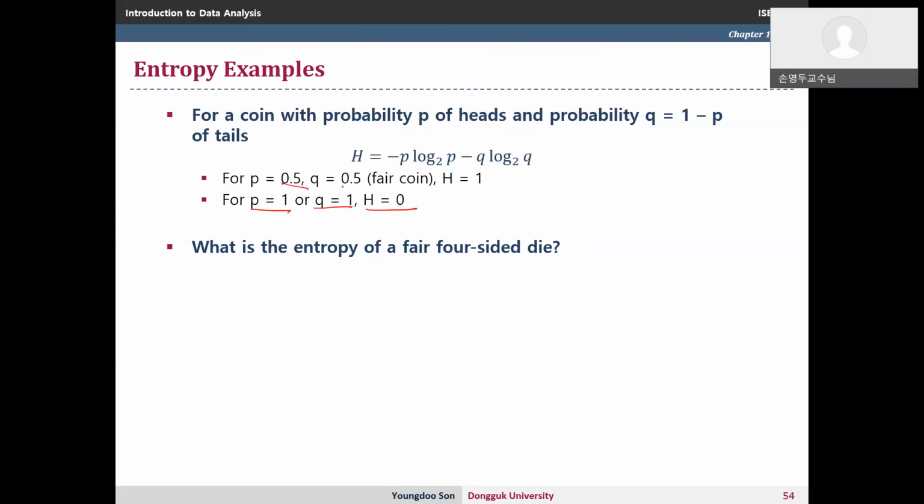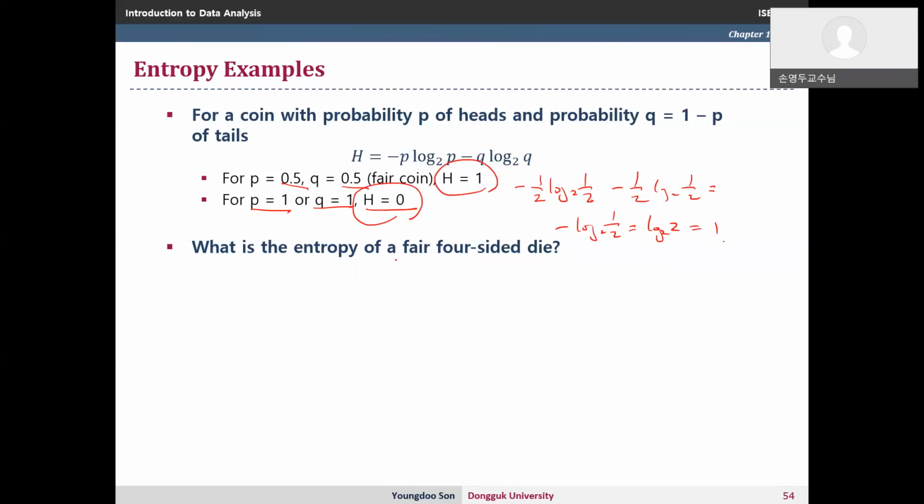And if they are 1 over 2, then it has the maximum value, minus 1 over 2 log 1 over 2 minus 1 over 2 log 1 over 2 is minus log 1 over 2 equals log 2 equals 1. Okay. So it has the minimum value 0 and it has the maximum value 1.